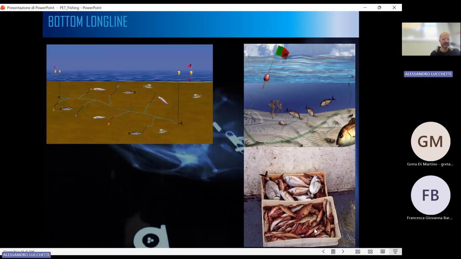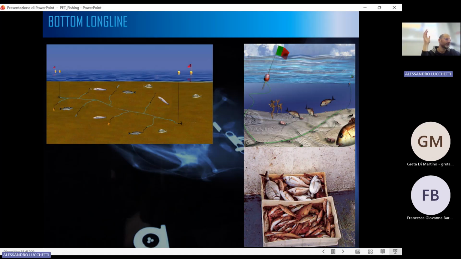In the last year, fishers developed another type of gear, which is called the trap line. We are working on this, and it seems a promising solution also to reduce the bycatch. It is something different: they don't use hooks, they use a kind of little trap made of twine, several circles of twine.